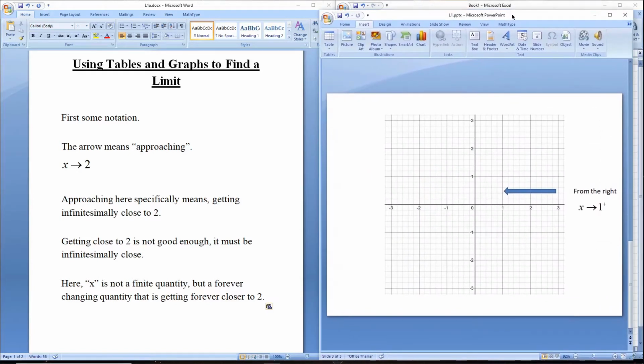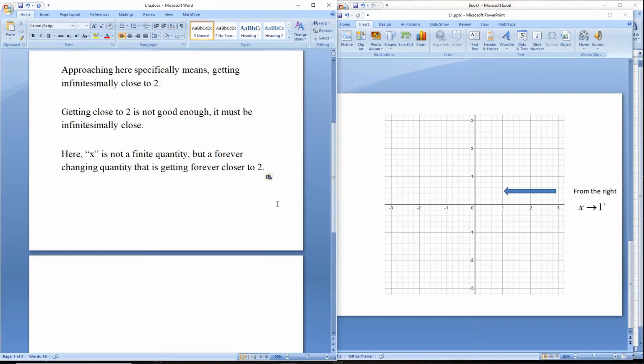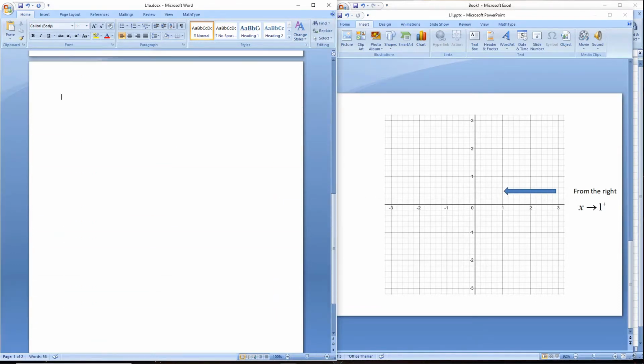So again, approaching from the left, if this was 1, approaching from the left means numbers less than 1, getting closer and closer. And from the right means approaching with numbers greater than 1, but then getting closer and closer. And then both of these have their new notation. So, in general then, we're going to have this expression.